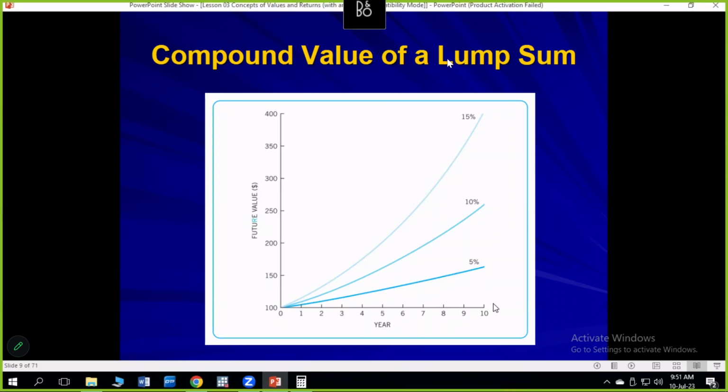If it is 100%, what will happen? At the end of 1 year, you can have 200 rupees. So you get a very sharp, perpendicular curve.